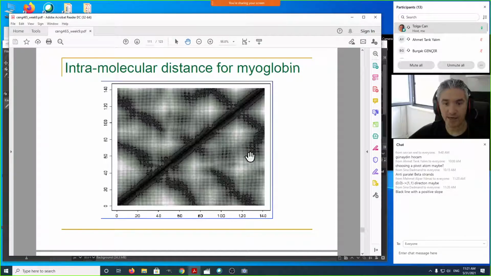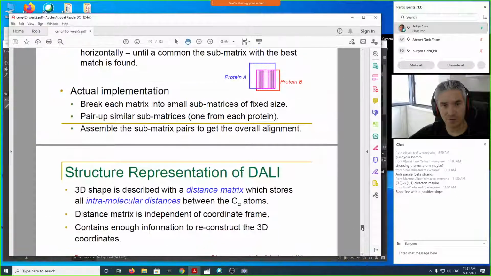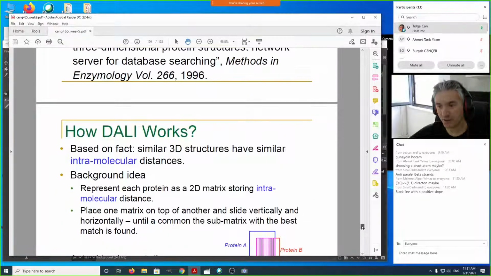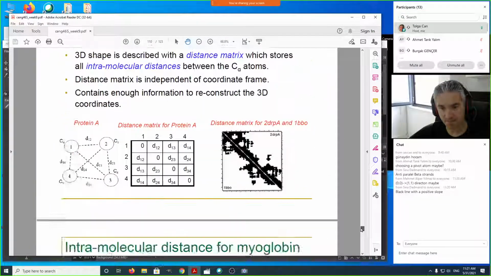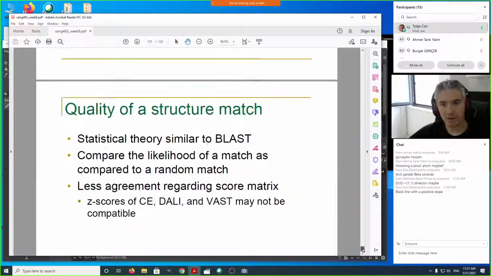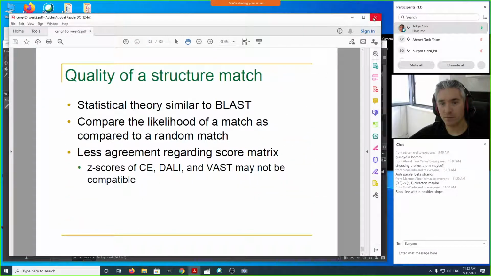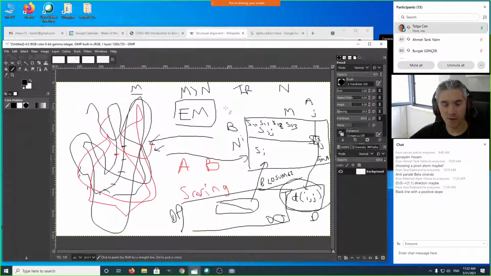A black line with a positive slope is the perfect answer. All right. If you have any questions about the structural algorithm or structural alignment in general, I will be happy to answer them. But this concludes our discussion on protein structures.